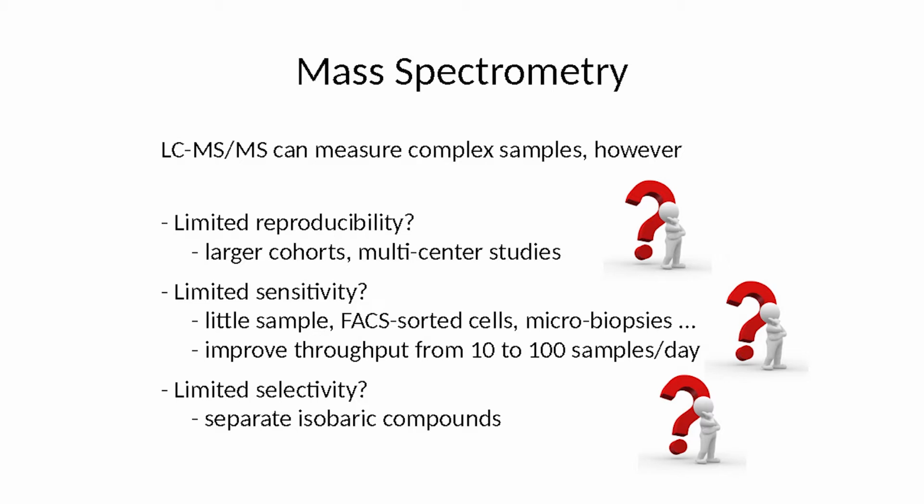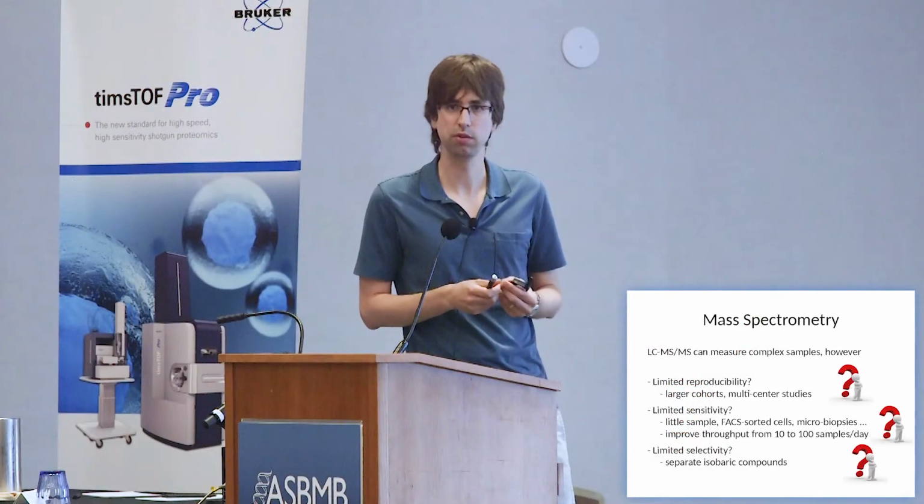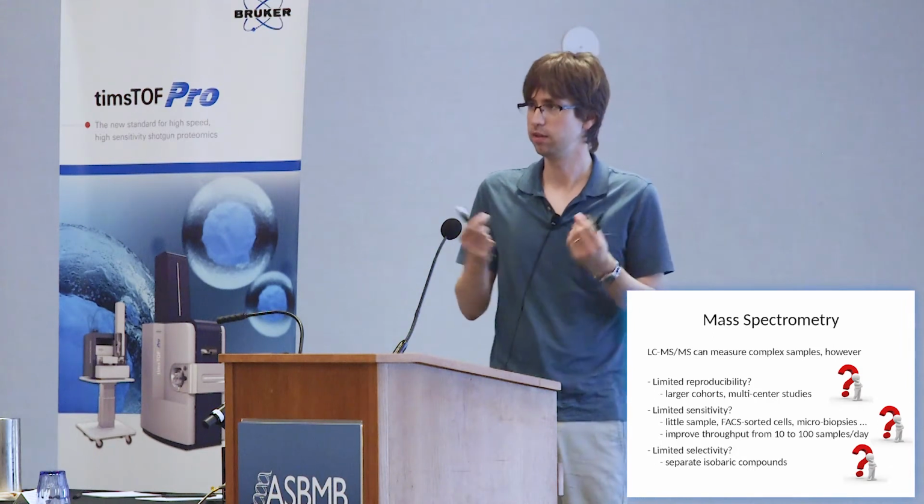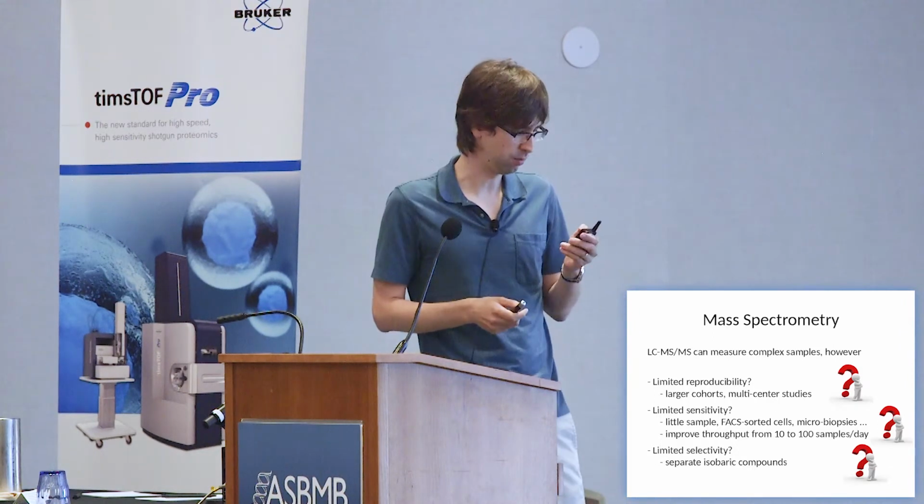And finally, selectivity relates to the fact that we often deal with isobaric compounds that we cannot separate by mass to charge alone, so having additional dimensions of separation can help separate those compounds.